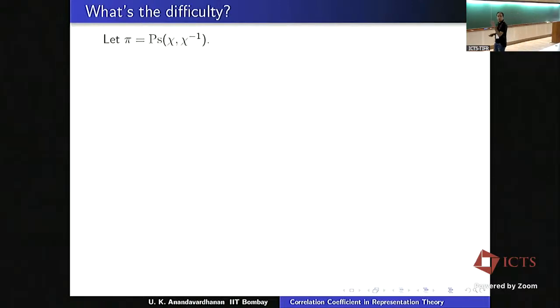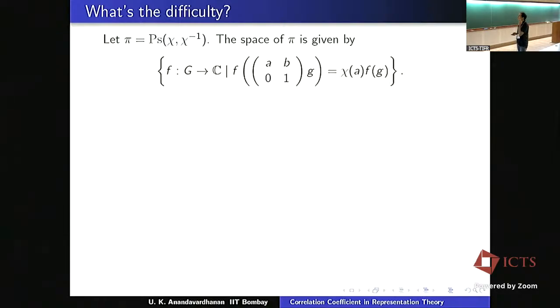Let's do a small computation without going mod P or anything, just in basic complex representation theory. Let's take what is called the principal series representation. These correspond to two characters, chi1 and chi2 of F_Q star, and then you parabolically induce. In order to have fixed vectors, you need to assume that the product is trivial, so let me take chi and chi inverse.